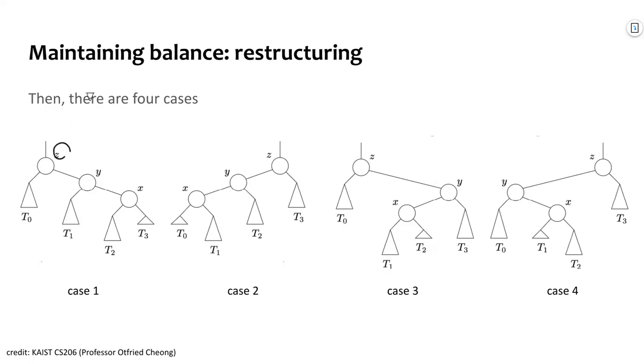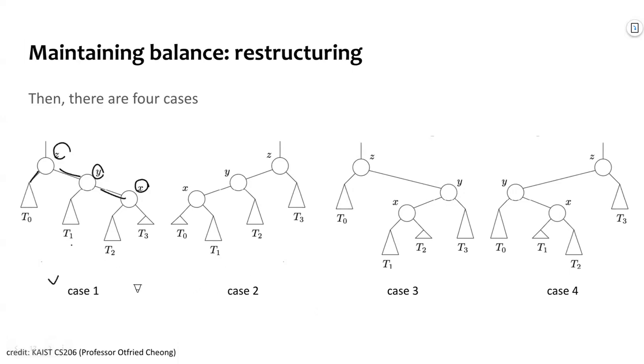The operation could be either adding or removing. And Y is between these two children. Y has larger height. And X, another child with larger height. However, X could have the same height as T1. So anyway, we have these four cases.